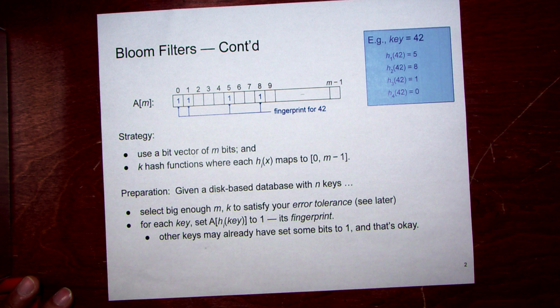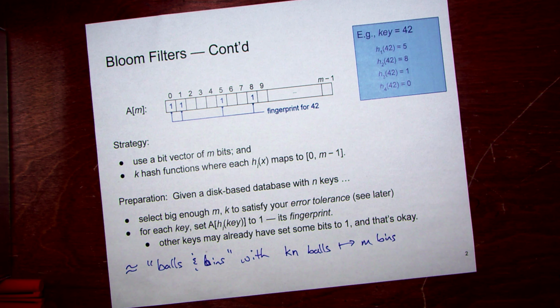How many balls do we have? Well, there are n keys, and they generate k balls per key, because there are k hash values per fingerprint. So there are going to be kn balls that get mapped into m bins. These are the hash values, so all the fingerprints are there, and the m bins are the bits in the bit vector.